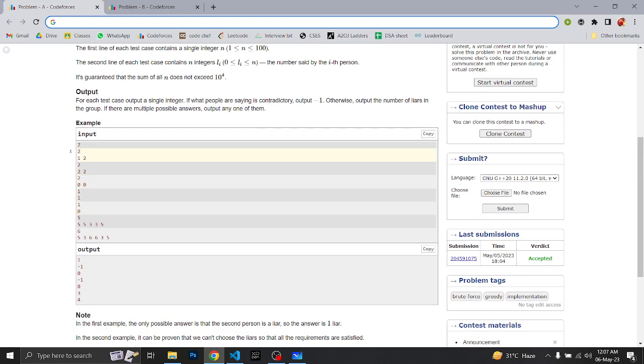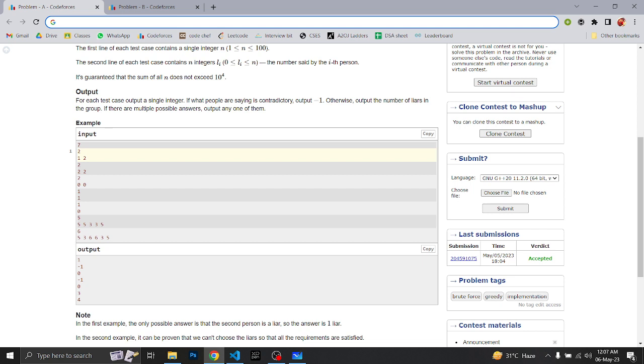Let me explain with one example. See, in the first example we have two persons. The first one says there is at least one person who is lying, and the second person says there are at least two persons who are lying. If we consider the second person as truthful, then he is already lying, so it is contradictory: he is saying the truth, but if we consider him, he will be considered a liar.